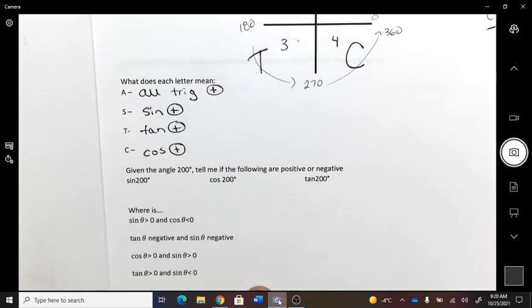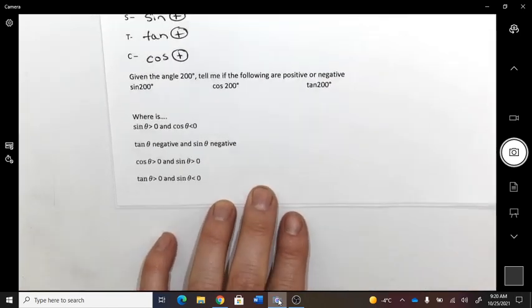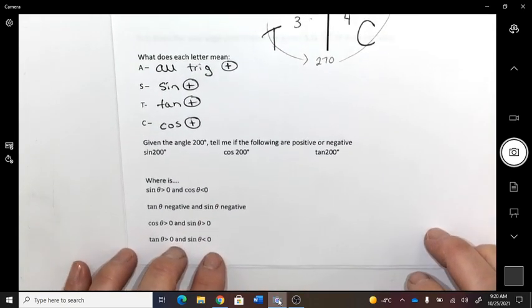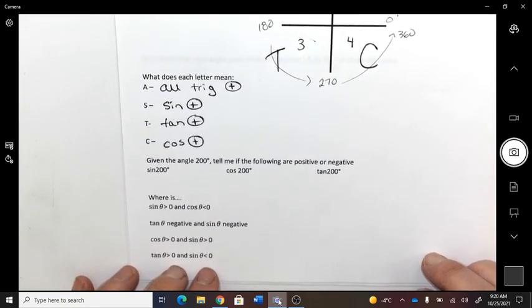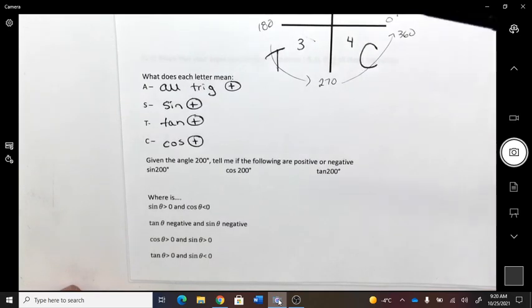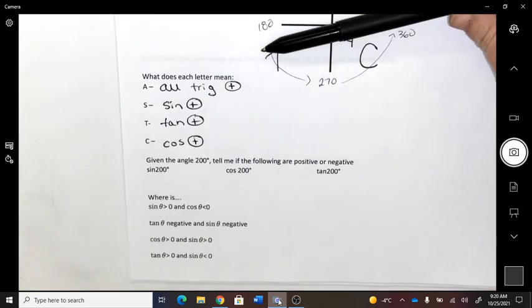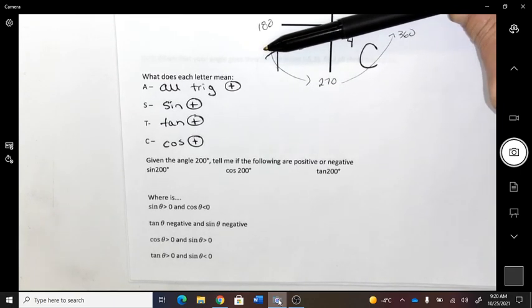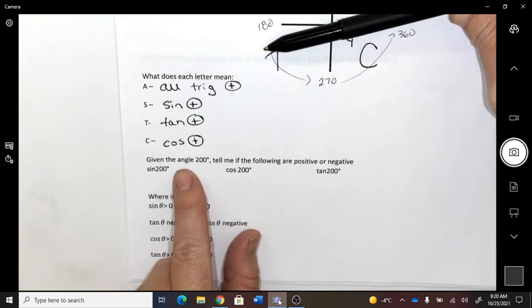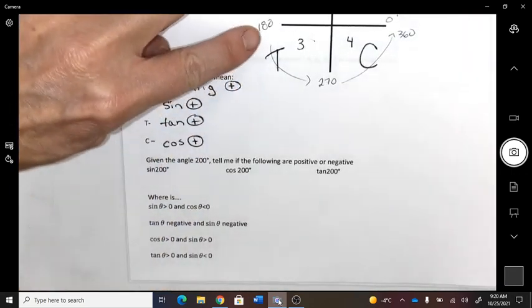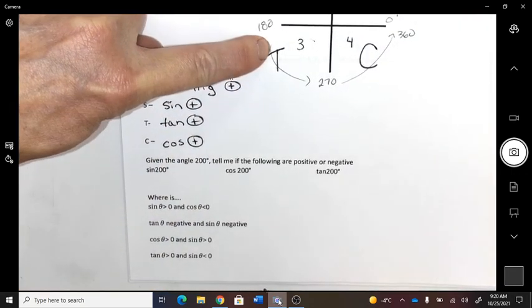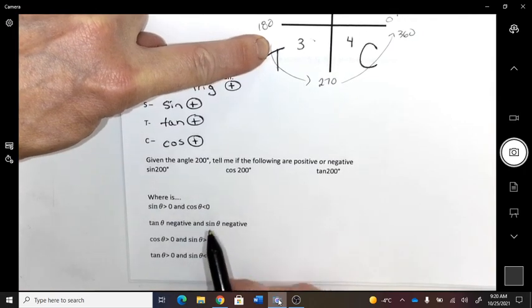Okay. So what happened here? Sine of 200 degrees. Which quadrant are you in with 200 degrees? You're in the T, or the third quadrant. You're right here, 200 degrees. So if I sine it, what's the sine of 200 without the calculator?